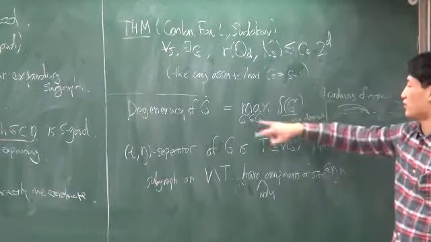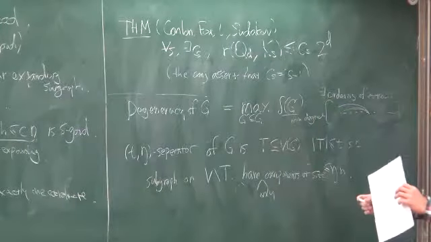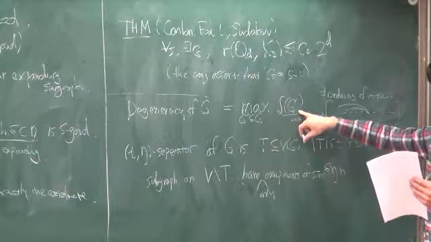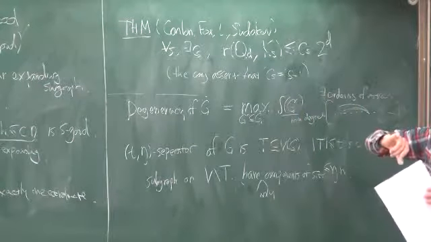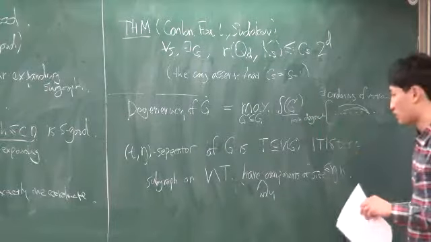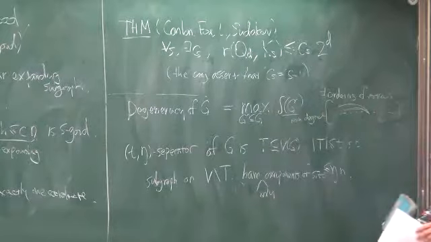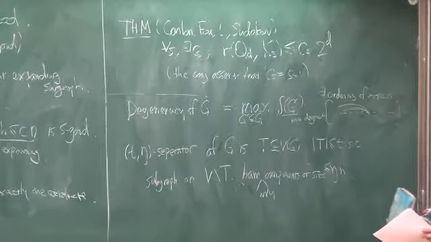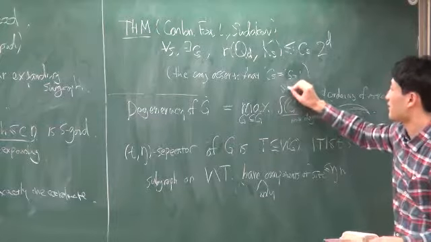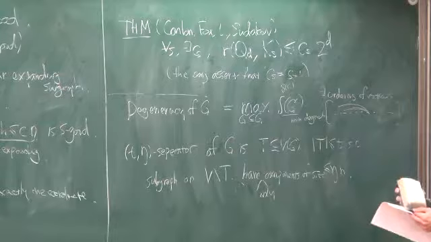So in an alternate way, we look at all subgraphs of G and wait a minute, that should be equal to the minimum degree of the whole graph. Unless it's a star, that number is going to be the same as the minimum degree of the graph.